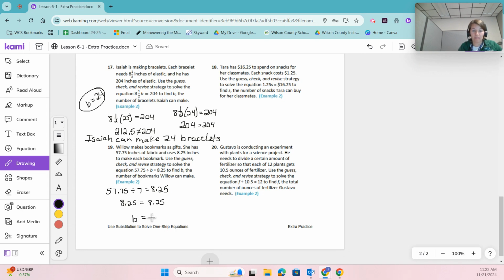So we will have 7 bookmarks. So Willow can make 7 bookmarks. Okay? And you can try 18 and 20 on your own like that. But this is how we use substitution to solve equations, one-step equations.